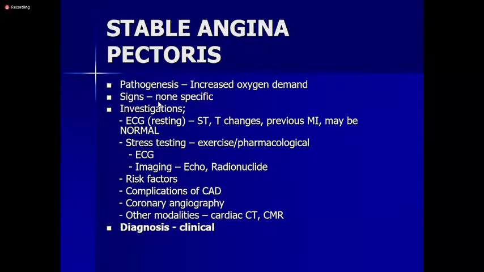And that's why when you stop the exercise, the symptoms go away. In terms of signs, there's really no specific sign for angina pectoris. The physical examination of the patient may be entirely normal, except if there are complications or you might pick up risk factors like, for example, high blood pressure, etc.